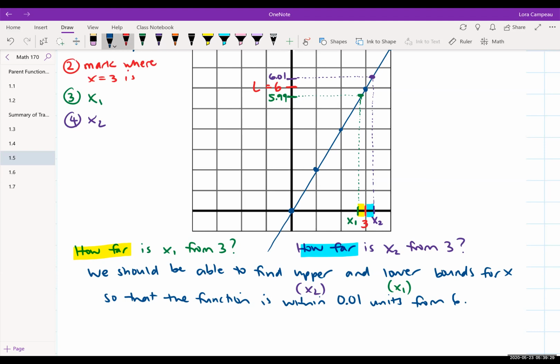And just remember, why did we choose 0.01? The problem chose this. So the problem specified this.